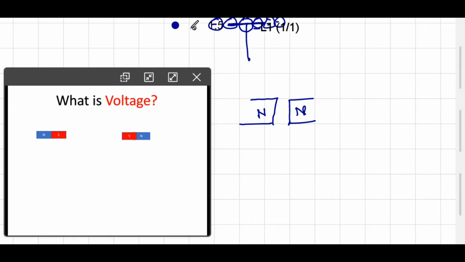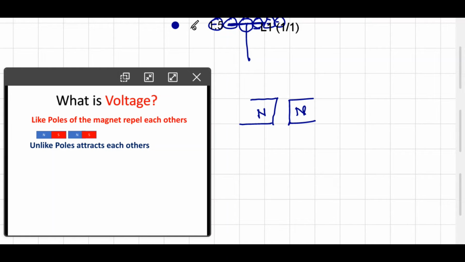But what if we reverse the thing, so that unlike poles are towards each other? You will see that unlike poles attract each other and come closer. This kind of magnetic force is available in the universe naturally.